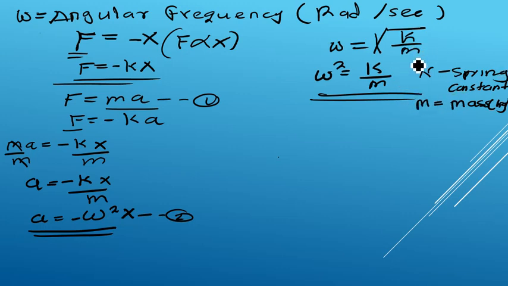I'm going to be using this formula quite a lot, so make sure that you take note of it. This is what you're supposed to know about Hooke's law and simple harmonic motion.